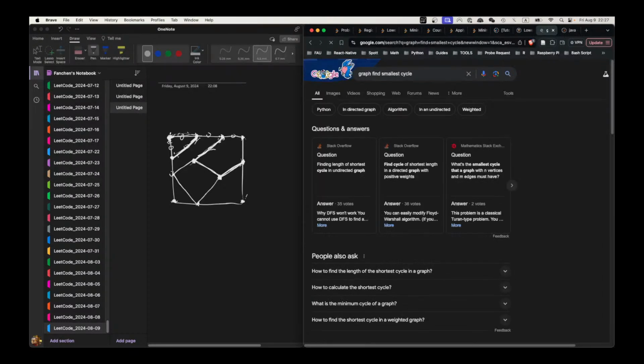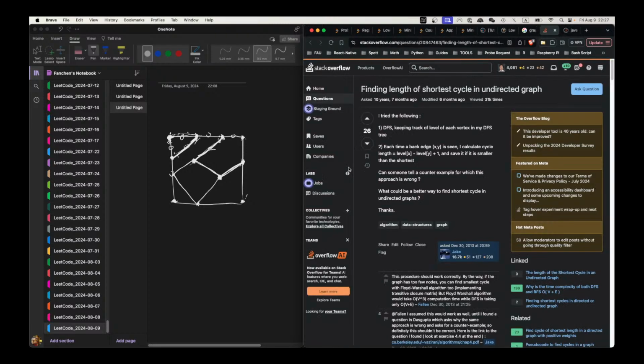I don't know. Find length of shortest cycle in undirected graph. Maybe this is what we need.